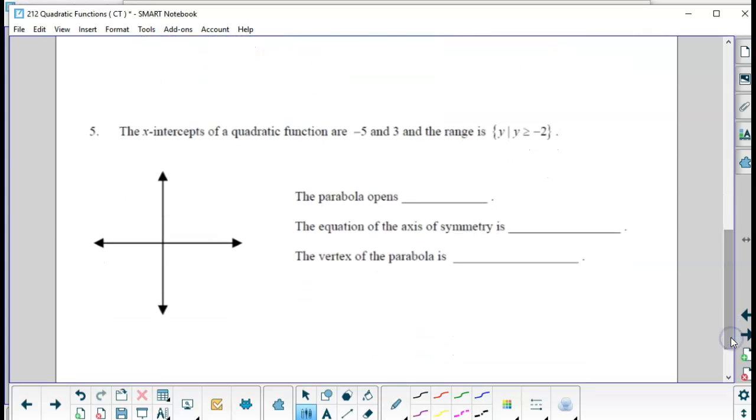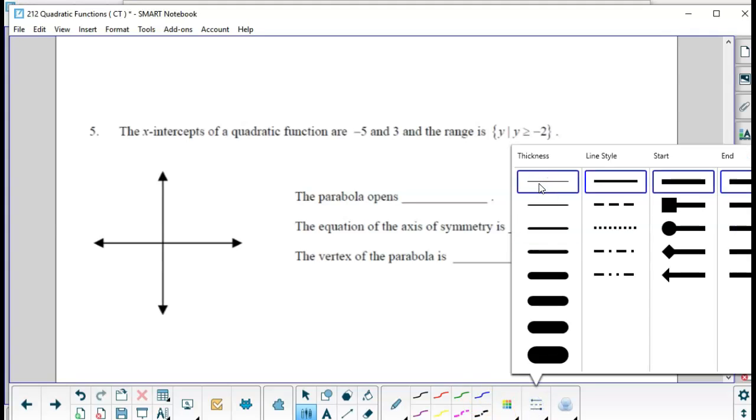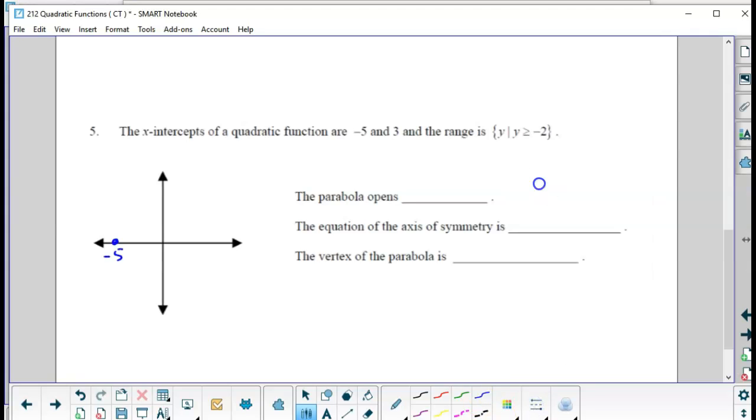Okay. Next one, x-intercepts of a quadratic function, or negative 5 and positive 3. So say here and here. And the range is greater than or equal to negative 2. So remember, your vertex has to be halfway in between there. So say here, and the y value here would be negative 2. So it's going to look something like this.